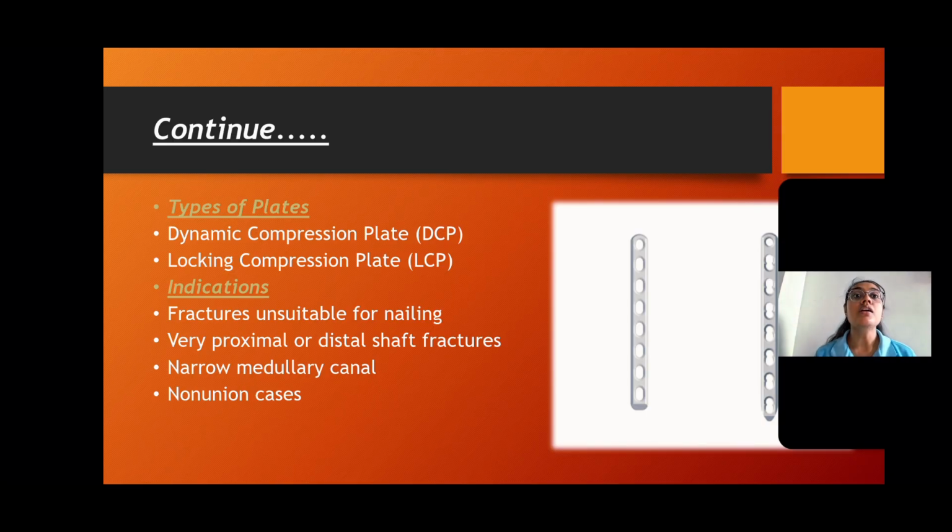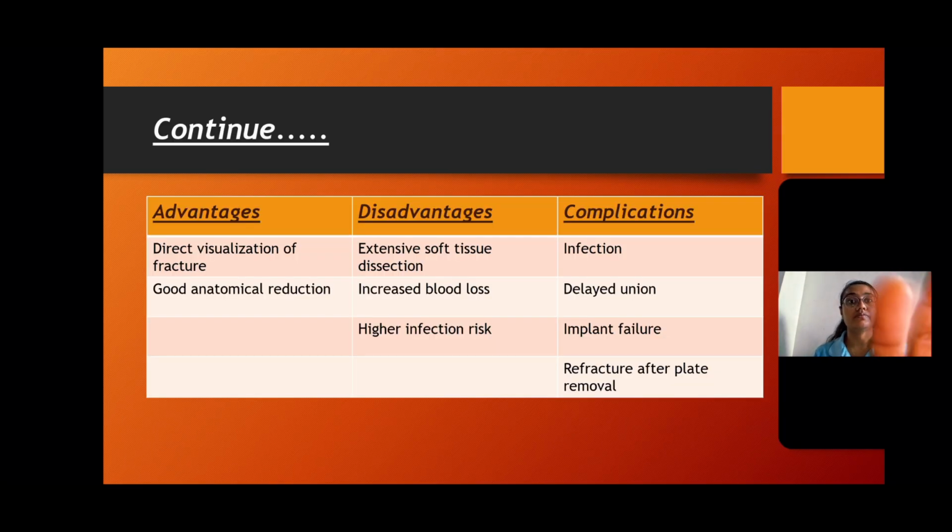Advantages are direct visualization of the fracture and good anatomical reduction. Disadvantages are excessive soft tissue dissection, increased blood loss, and high infection risk. Complications are infection, delayed union, implant failure, and refracture after plate removal.